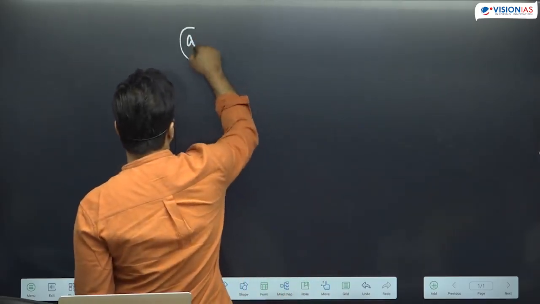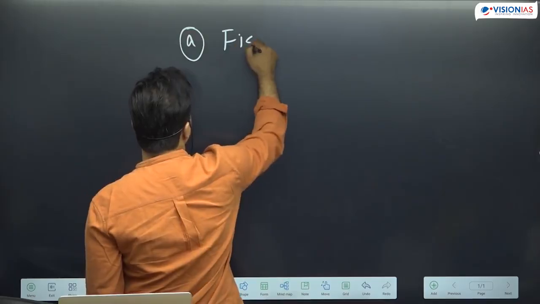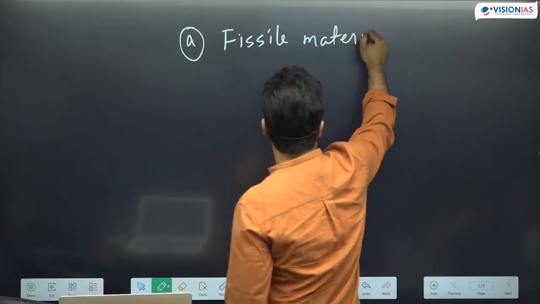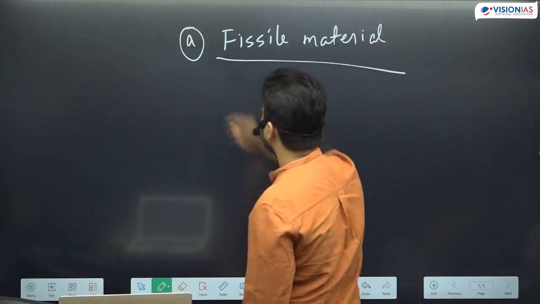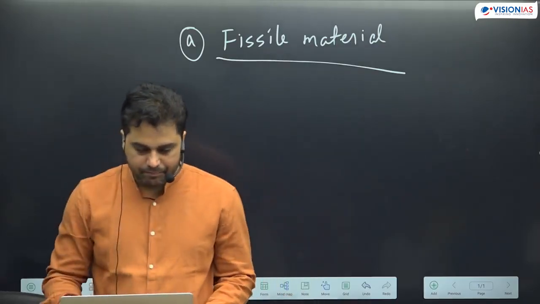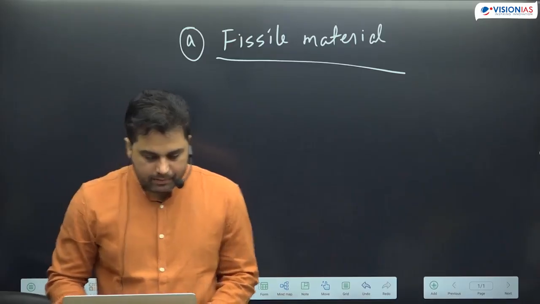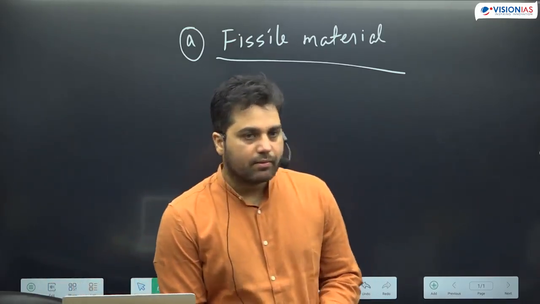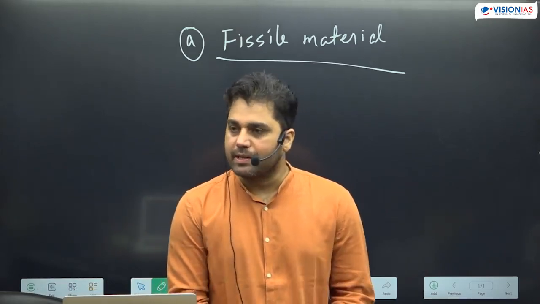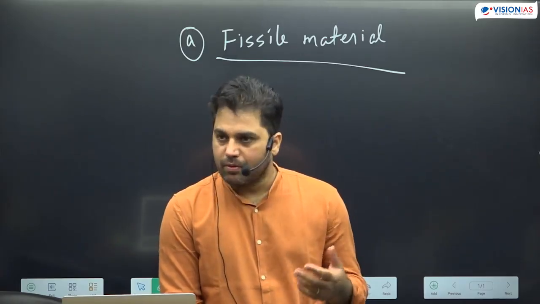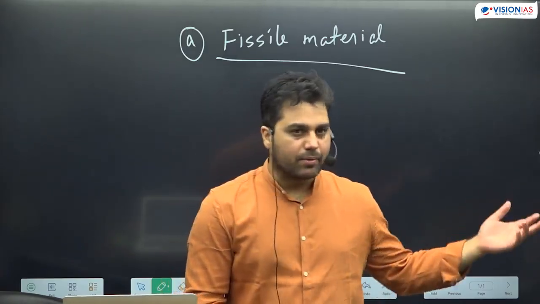The first important component will be fissile material. Fissile material का मतलब है we are talking about those things which can undergo fission easily. The same way we think of certain types of fuel, for burning few things is easier compared to other things.